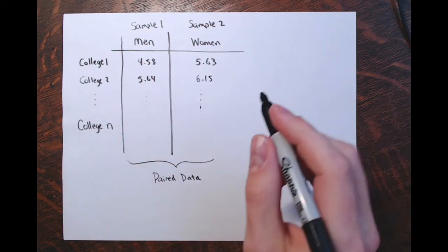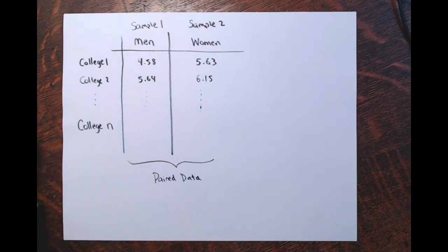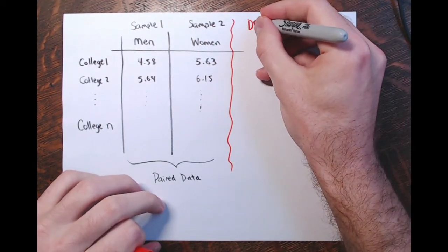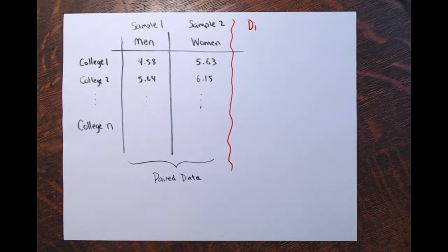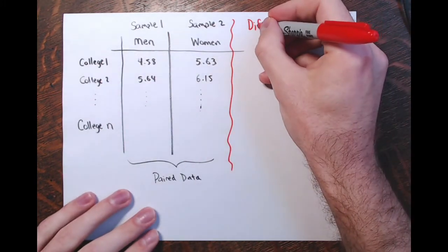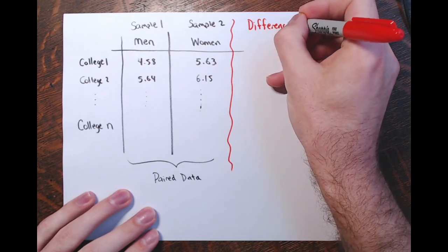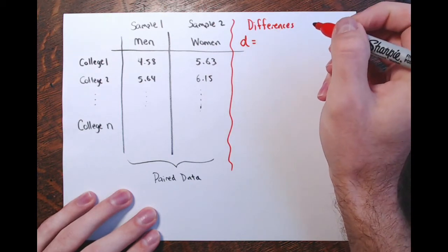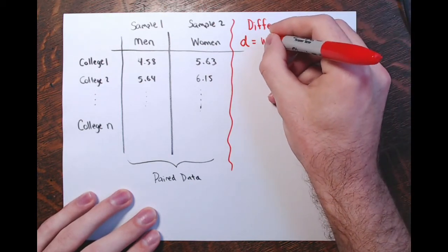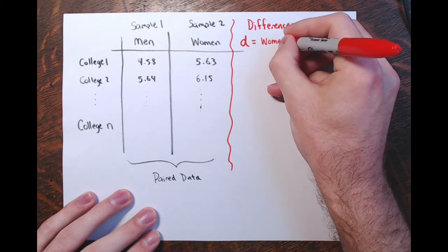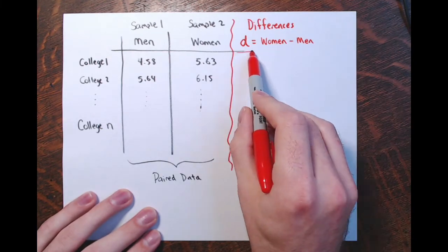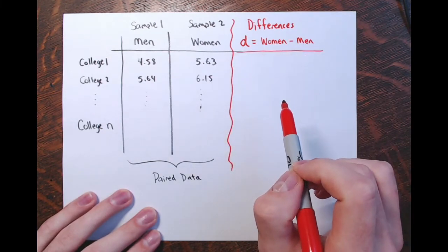So what we're talking about here, when we have this paired data, is looking at a third column, a column of differences. Those differences will usually be labeled by D, and what they want us to do in this example is take the number of degrees awarded to women minus the number awarded to men at these colleges.